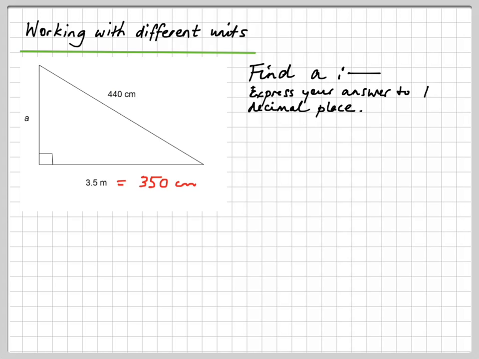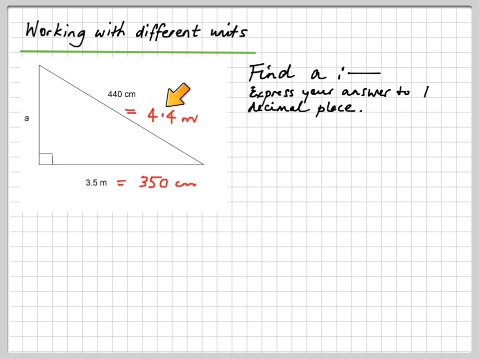So I'm going to see what I can do with that. 3.5 metres, if you multiply that by 100 to get centimetres, we get 350 centimetres. Or alternatively, I could divide the 440 centimetres, which is the hypotenuse length, by 100 and I would get 4.4 metres, okay?